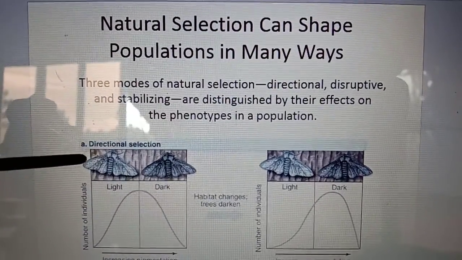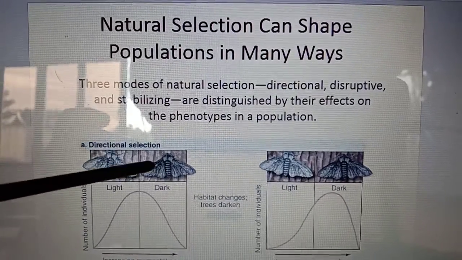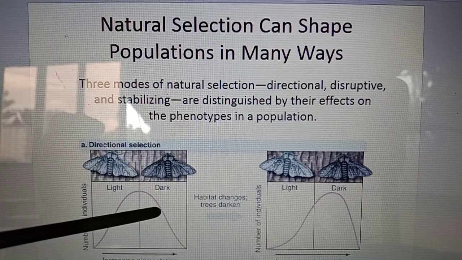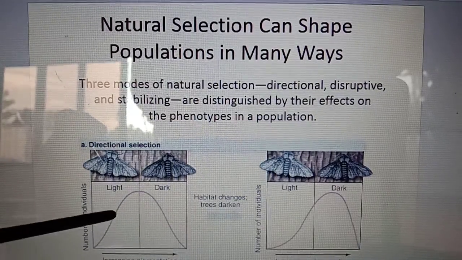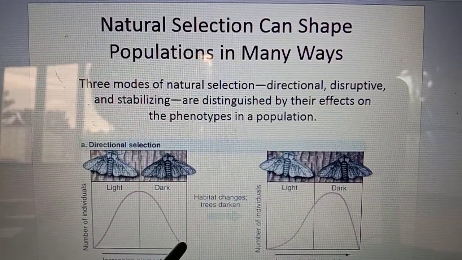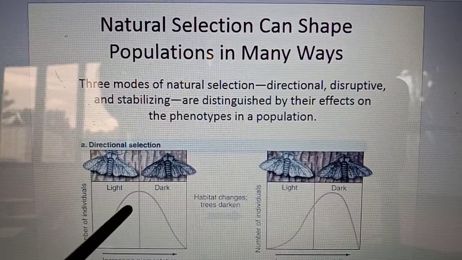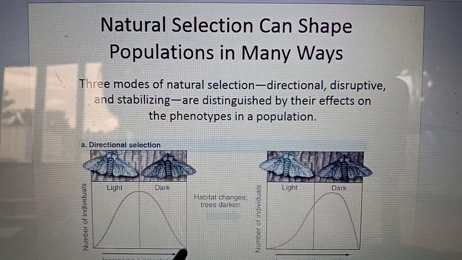A, the directional, is that light and then dark. So the pigmentation is increasing from light and getting dark in the middle, but later on it is decreasing in its dark pigment.